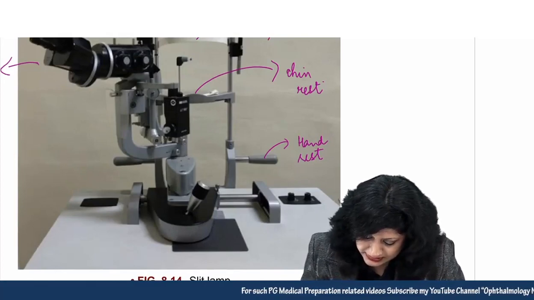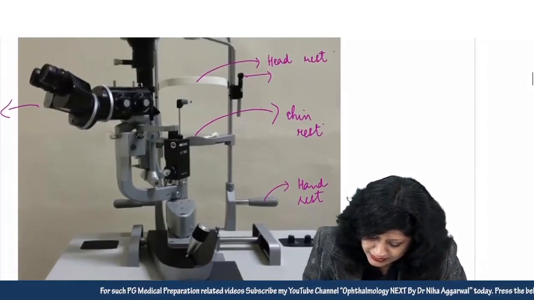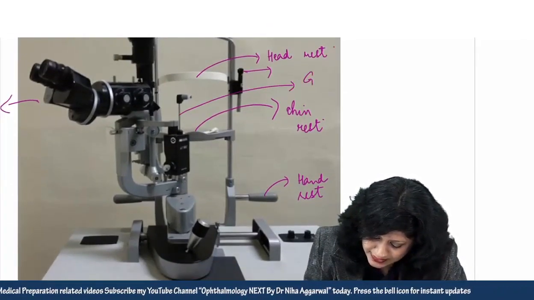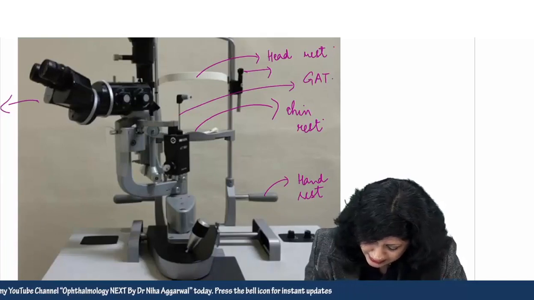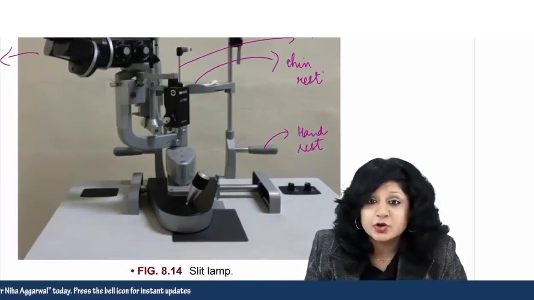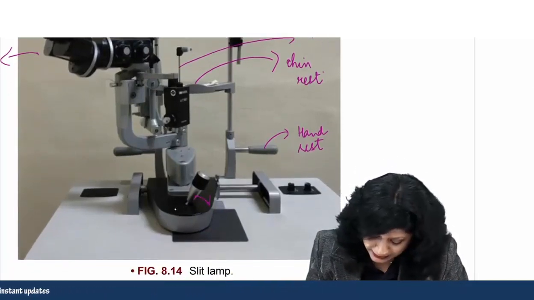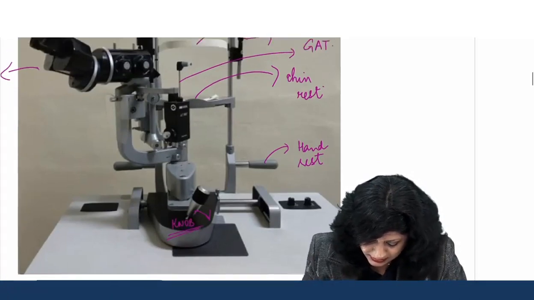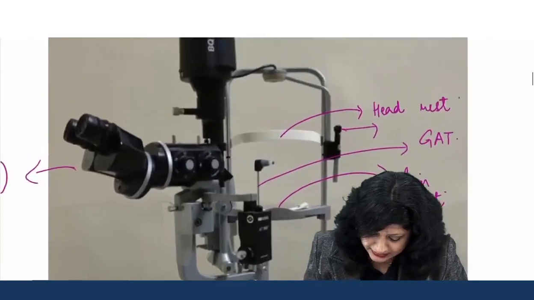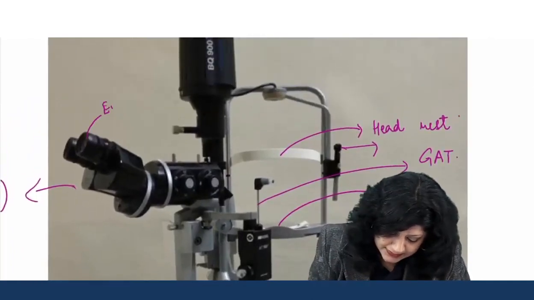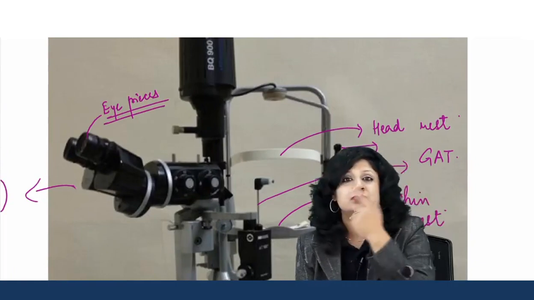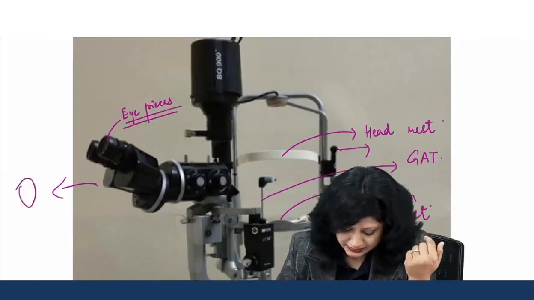Can you see, they have mounted the Goldmann applanation tonometer here. And this is your working knob, with the help of which we are doing the adjustments most of the times. And these are your eyepieces, and these have to be maintained according to the observer's IPD.